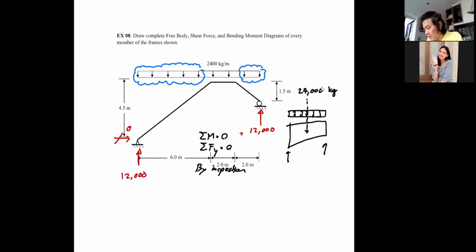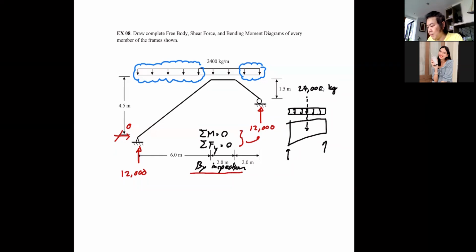But again, it would be nice if you could write the proper calculation, or if not, you should state that by inspection, you know that the reactions are equal, because of the nature of the structure. So we can easily proceed to look at our member.